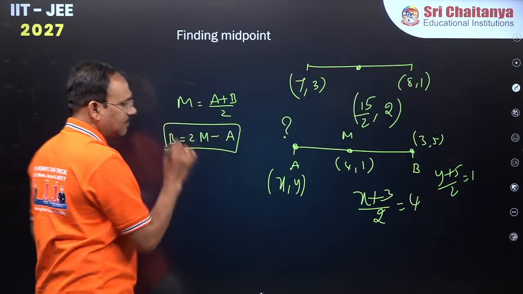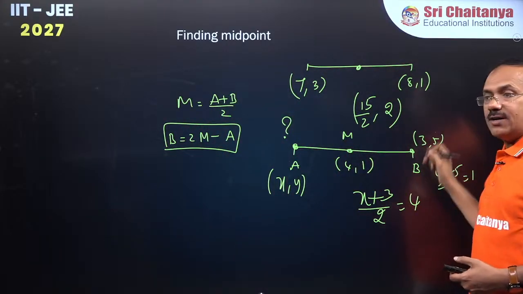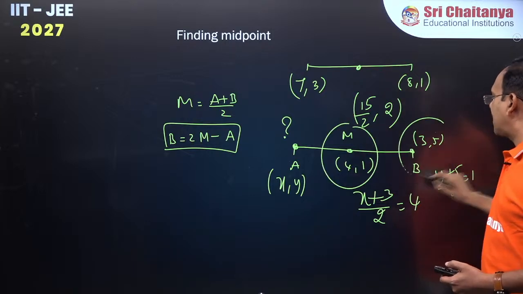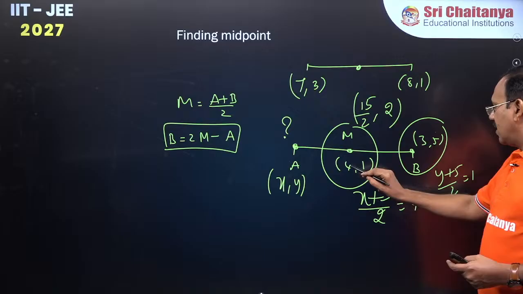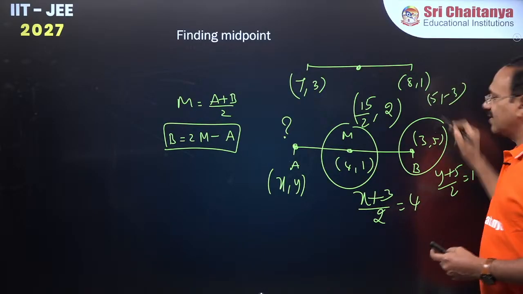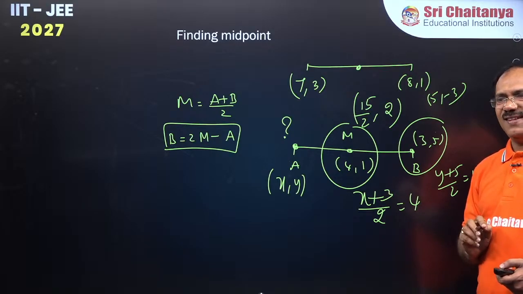If you are given midpoint and one end point, if you want the other end point, double the midpoint and subtract this. Direct step, nothing to write. Directly you can say 8 minus 3, 5, 2 minus 5 minus 3. Clear everyone?